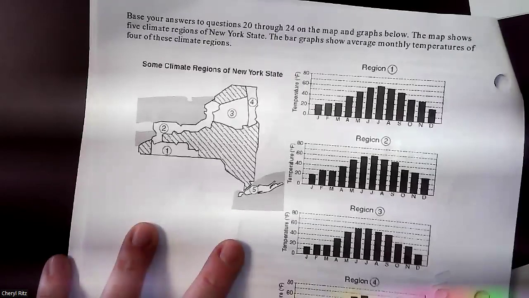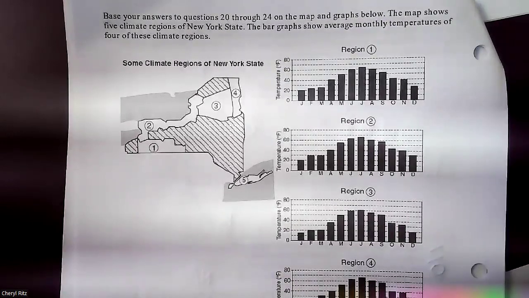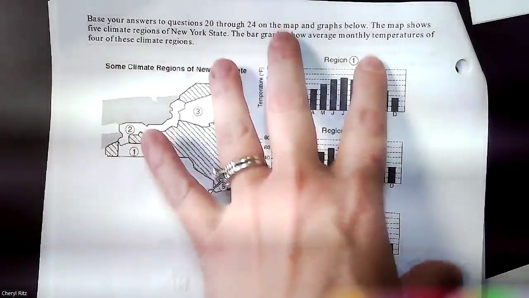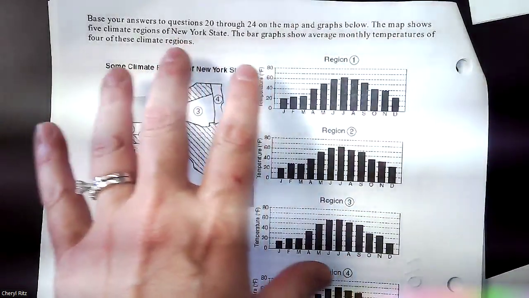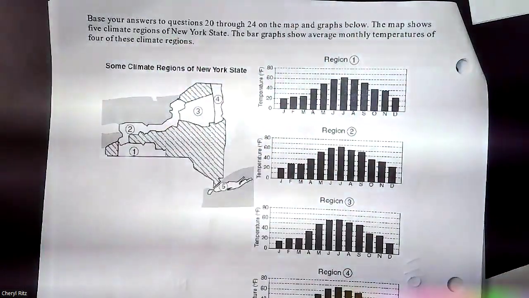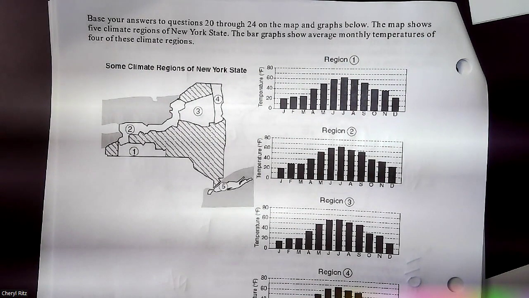So I think this set of questions is actually a really great one. It kind of ties everything together that we've been talking about. So you did have to read these maps, which show the 5 climate regions of New York State. The bar graph shows the average monthly temperatures for these climate regions. Now, you should be noticing something about these climate regions.